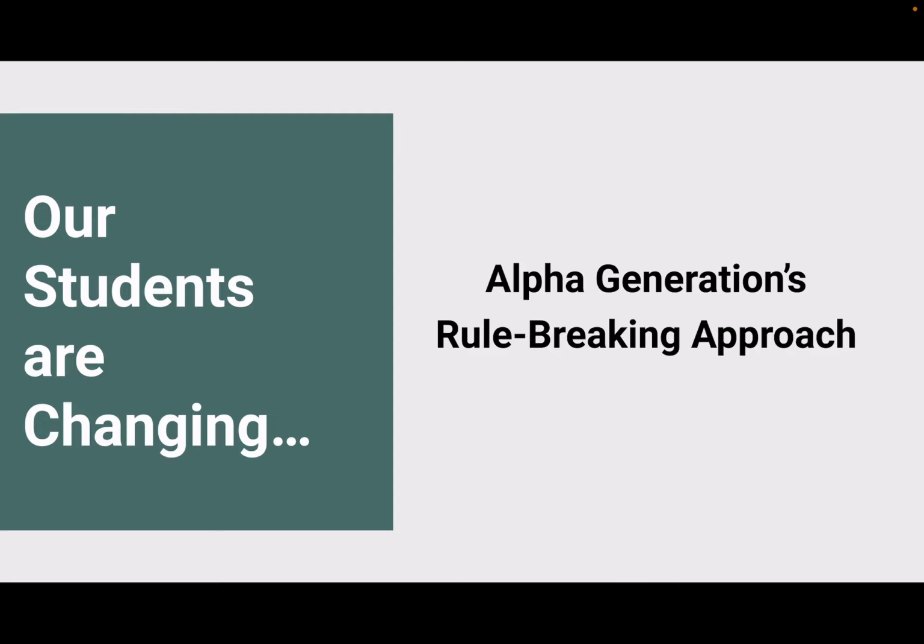This Alpha generation are characterized by a virtually seamless relationship with technology. There's been some estimations by the age of 8, they will have surpassed many of their own parents and teachers in technological skills. And this inherent connection to technology shapes their approach to learning and communication and even problem solving.